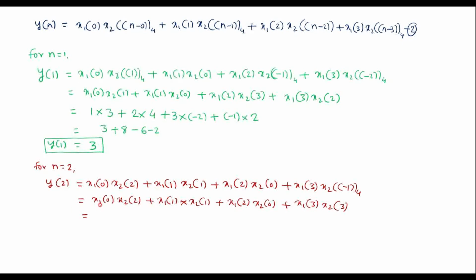So now substituting the values, it is 1 into x2 of 2 is 2 plus x1 of 1 is 2 into x2 of 1 is 3 plus x1 of 2 is 3 into x2 of 0 is 4 plus x1 of 3 is minus 1 into x2 of 3 is minus 2.